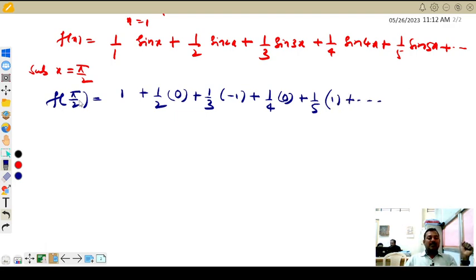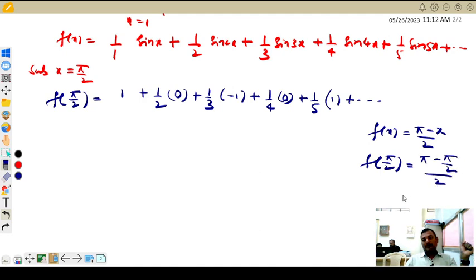So I need to calculate f of pi by 2, but I have f of x is equal to pi minus x by 2. Substitute x equal to pi by 2 in this equation. Pi minus pi by 2, divided by 2. Take LCM, 2 into pi is 2 pi minus pi divided by 2, whole divided by 2.